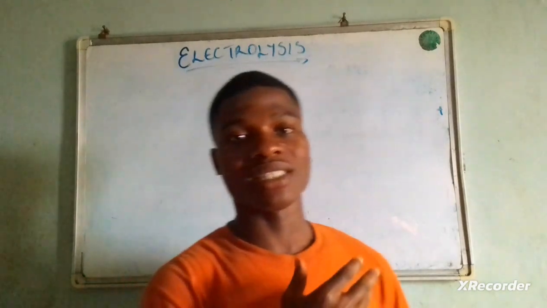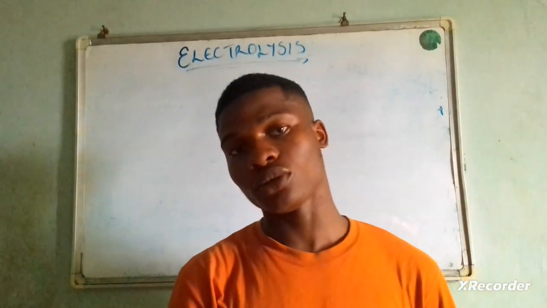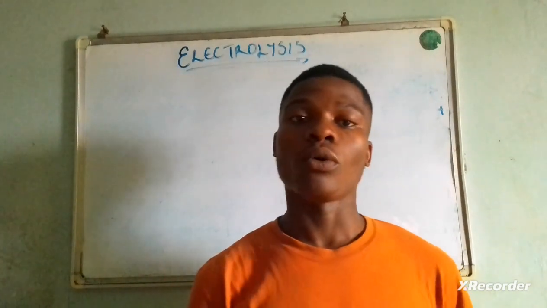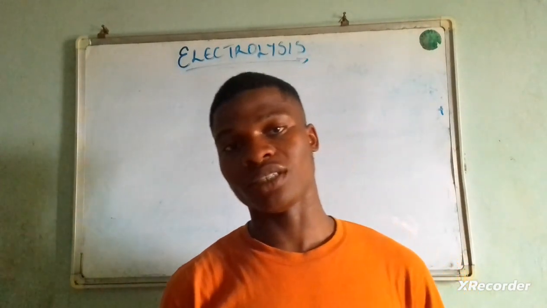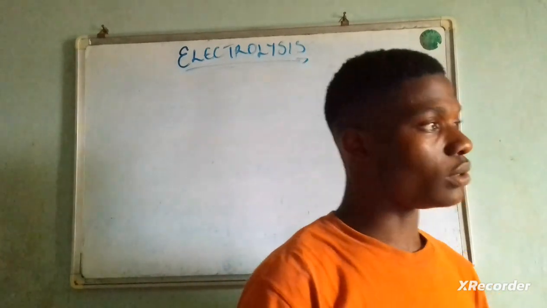So electrolysis is defined as the disintegration of chemical compounds when electric current is passed through it in molten form or as a solution. So let me write it down.